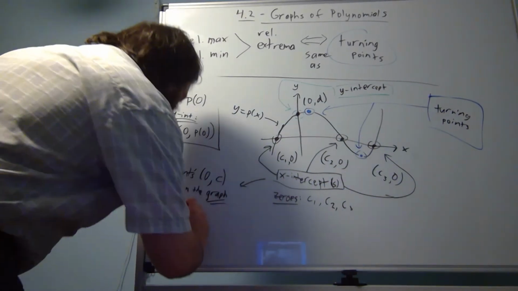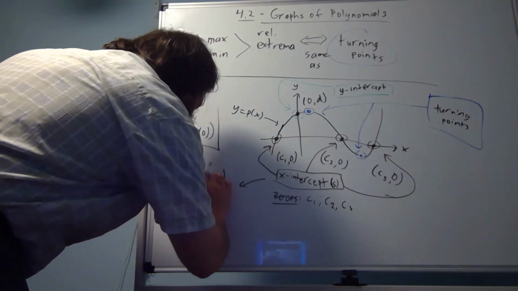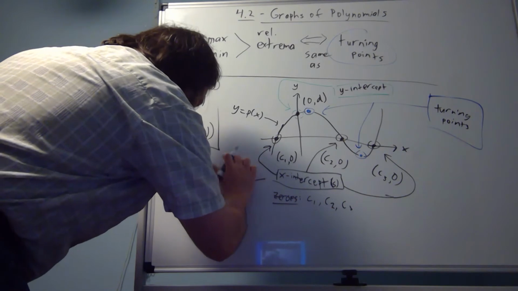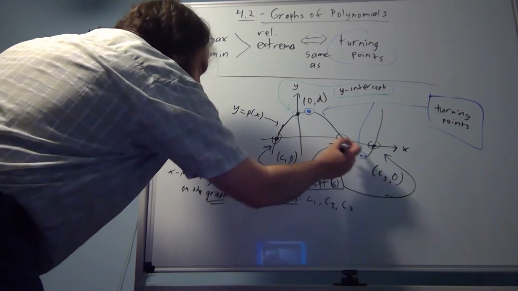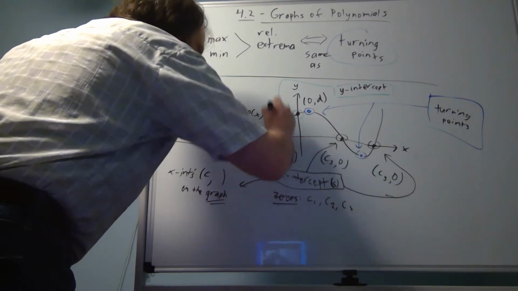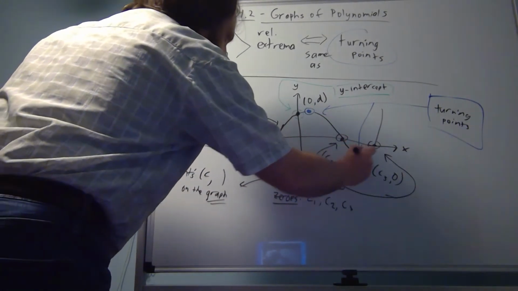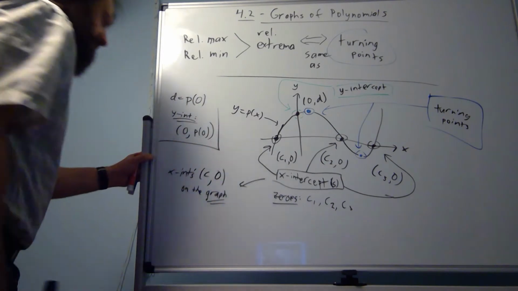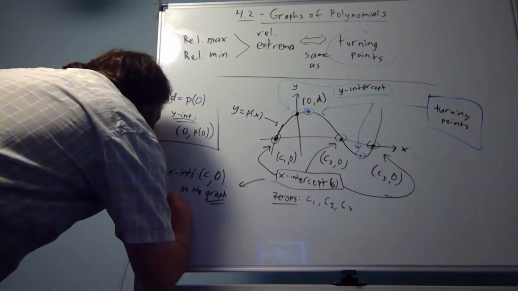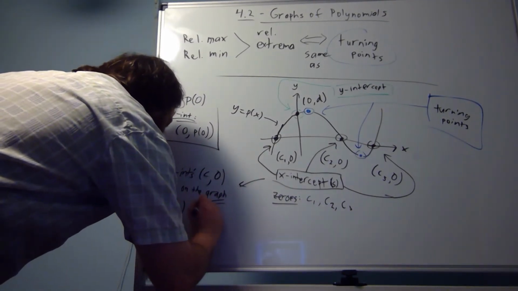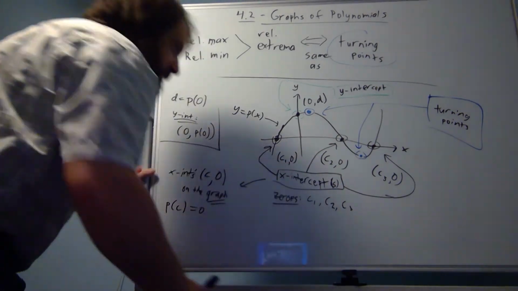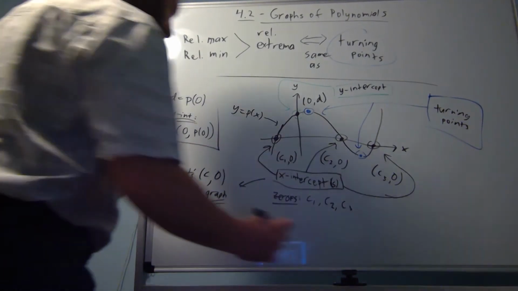If it lies on the graph, you're going horizontally along the x-axis, but then the output of the function is 0. So here's where you cross the x-axis, that means y is 0. In this picture, there are 3 of them.